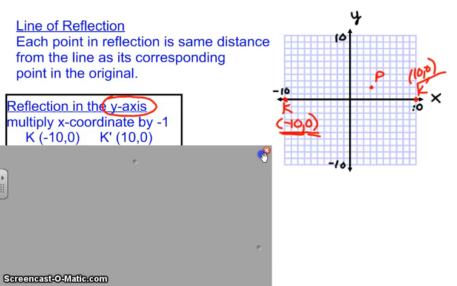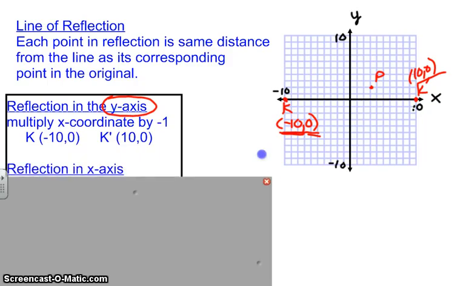Let's try this with point P. But this time, we're going to reflect point P in the x-axis. So we have to name point P. Give me the location of point P. Isabella?